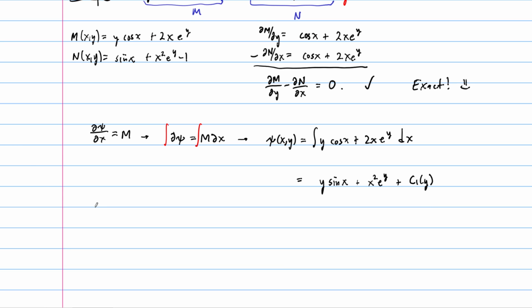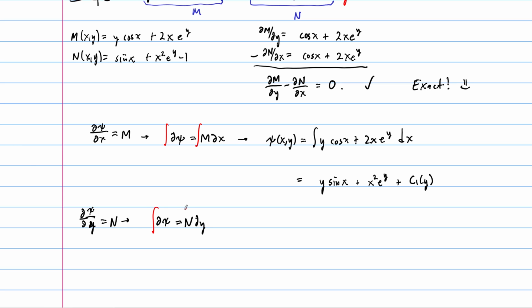So now what we have to do is integrate N with respect to y and then compare, okay? So same deal. I wrote the wrong letter here, but psi_y should be equal to N. And so again, this means that partial differential here, psi, should be equal to N partial y.